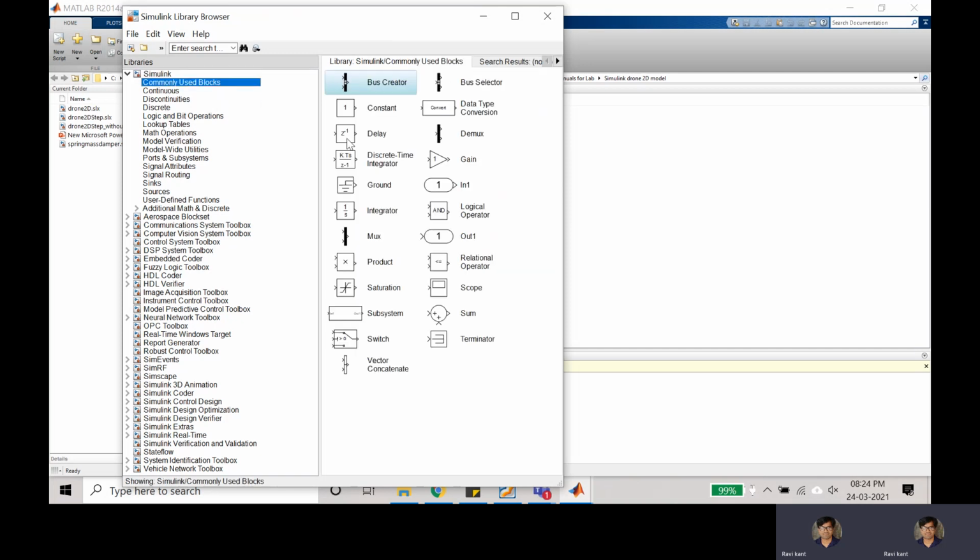There are commonly used blocks such as constant, gain, input, output, sum, scope. Scope is where you can actually see your plots, how your dynamics is changing with time. Okay, all sorts of blocks are there. So to start with, let's make a new model. Type file, new, and model.